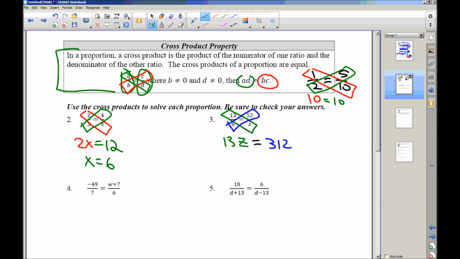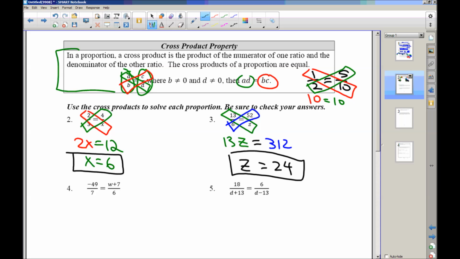So divide both sides by 13. And we would get z is equal to 24. Okay? So 13 over 6 is the same fraction as 52 over 24. If you were to type 52 over 24 on your calculator and reduce it using the fraction key, you get 13 over 6. Okay? So these are our answers for the missing piece of one of the ratios.